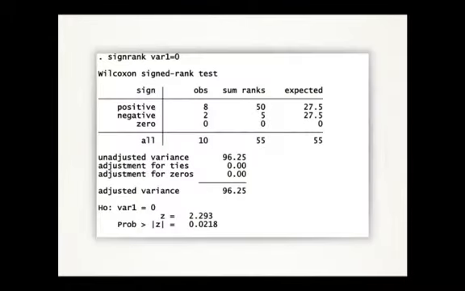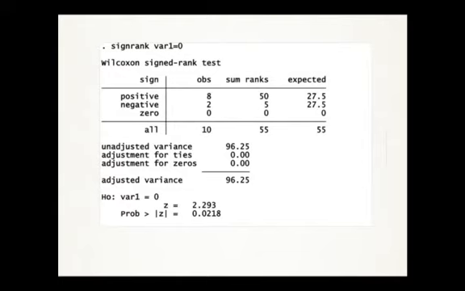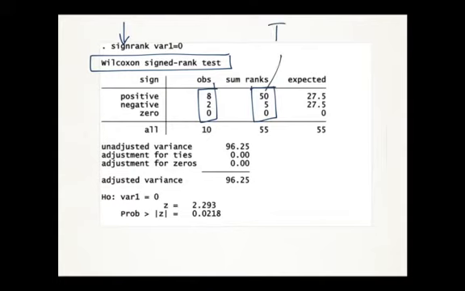All right, what does this look like in Stata? Let me pull up some output. Wilcoxon's signed rank test is what we're doing. The command is signrank, and it'll tell you all the things. There were 8 positive signs and 2 negative signs in this particular example. The sum of the ranks for the positives was 50. That was that t statistic that we calculated by hand.